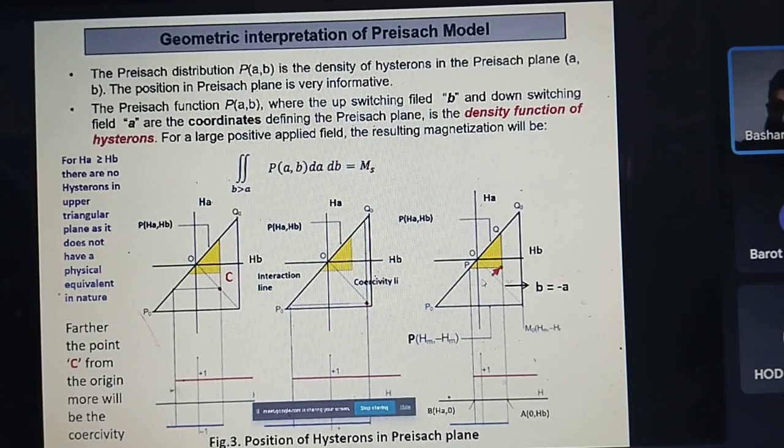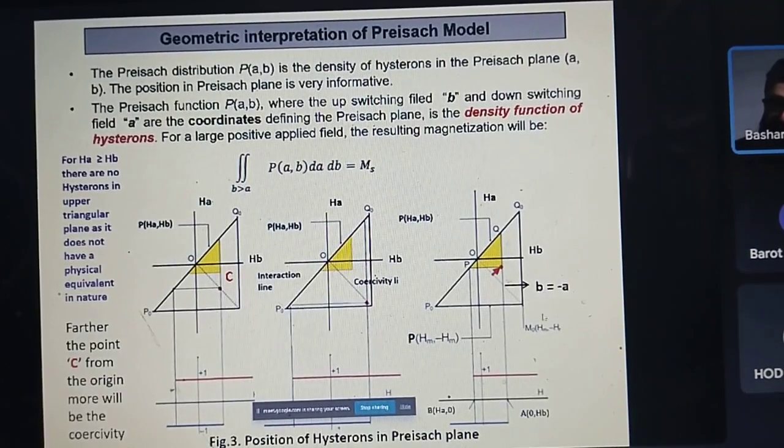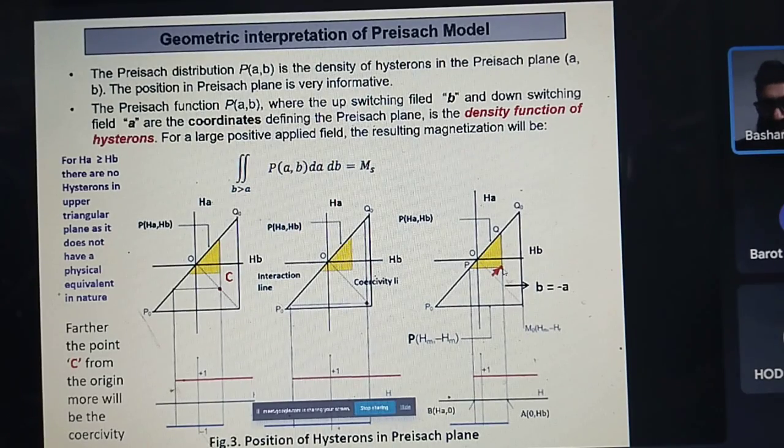And if there is an interaction among the hysterons, then this point will shift about this coercivity line, about this dotted line. If a hysteron shifts towards the right of this line, we say it's a positive shift. It means there are now interactions, and if it shifts onto the left side, then we say there are negative shifts.